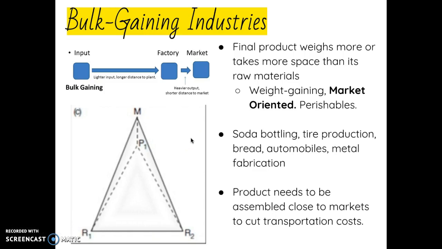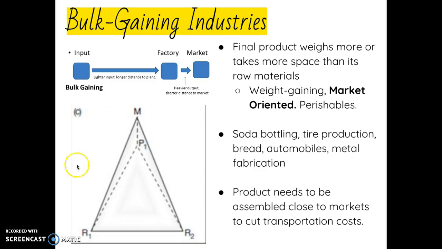Bulk gaining industries are next. This is an industry in which the product gains some type of volume or weight during production. And so we see these industries located near the markets where the product is sold. So one example of a bulk gaining industry is soda bottling.